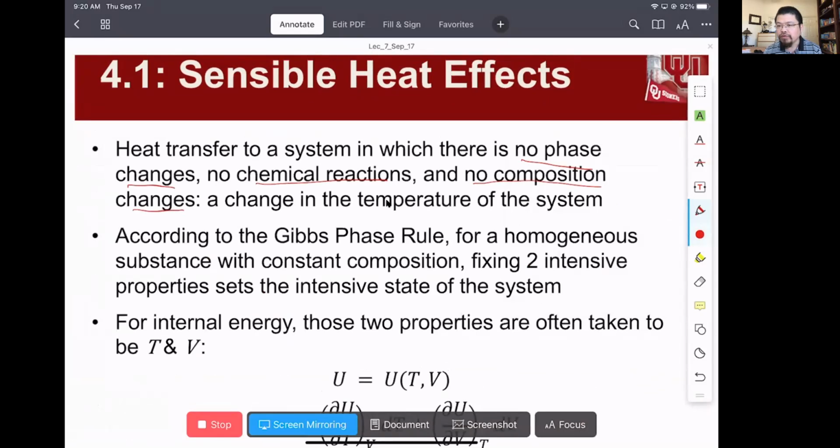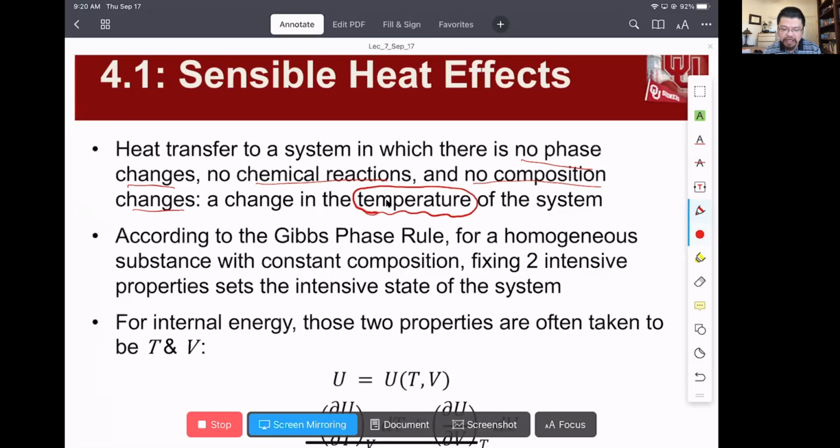The number of moles and the type of molecules remain constant. Then it's simple: if I have heat flowing in, very likely the temperature will increase. Otherwise, the temperature will decrease.